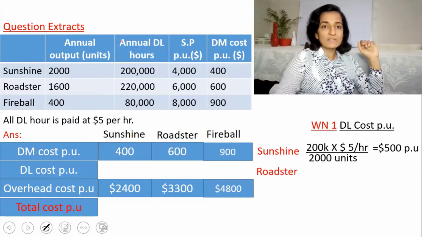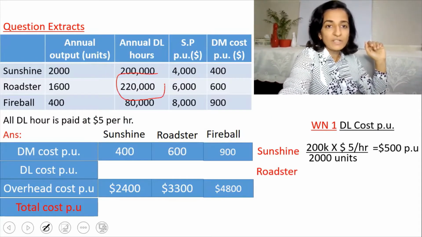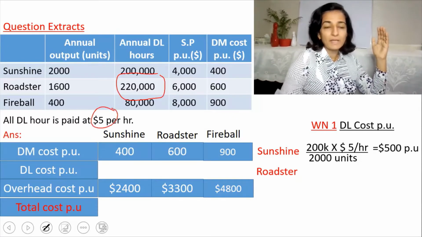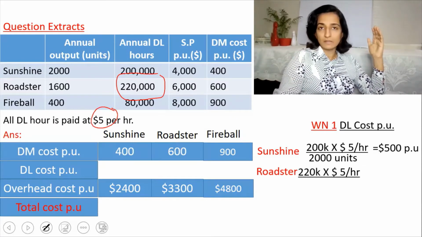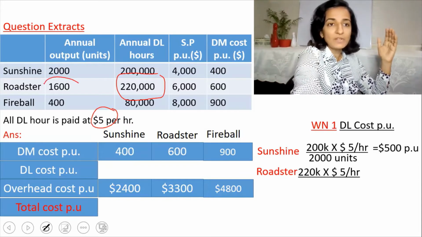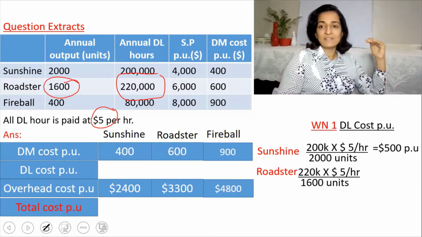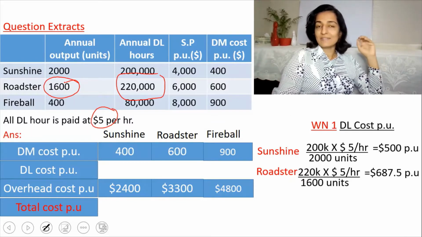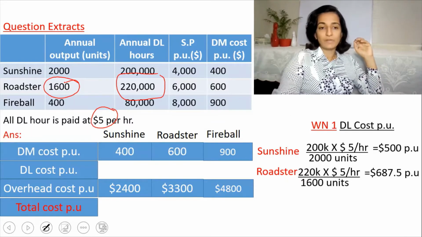Now coming to Roadster, direct labor hours is 220,000 multiplied by $5 per hour to get the total direct labor cost, and you divide it by 1,600 units to get the direct labor cost per unit at $687.5 per unit.